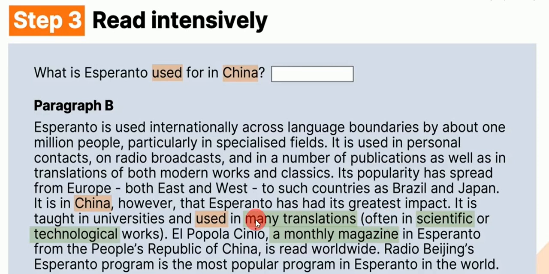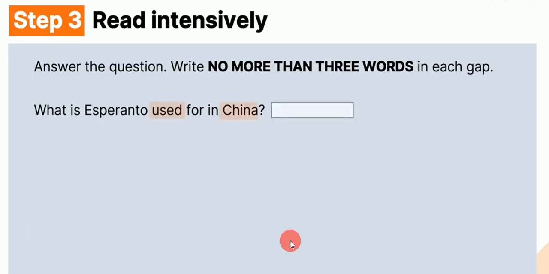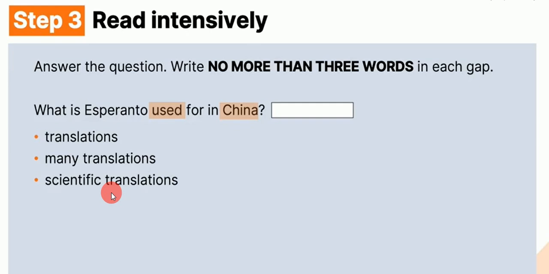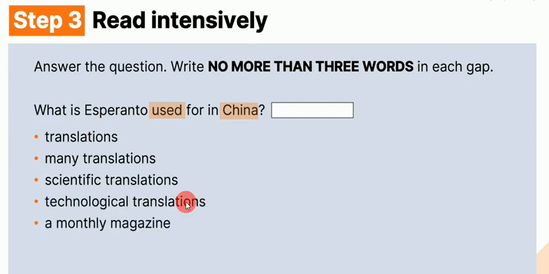In fact, it's quite rare, but it's useful to be prepared for this situation in case it occurs. Therefore, possible correct answers are translations, many translations, scientific translations, technological translations, or a monthly magazine. All of these answers would be marked correct.